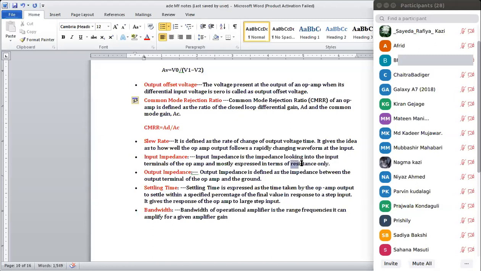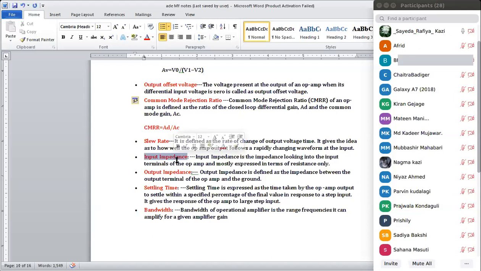That is why we call it resistance. Here, input impedance is the same as resistance only. Have you got it? Yes, sir.